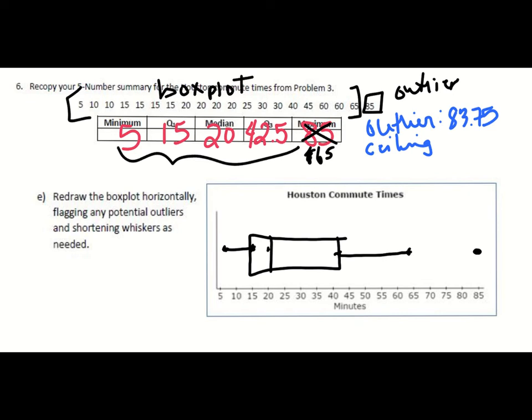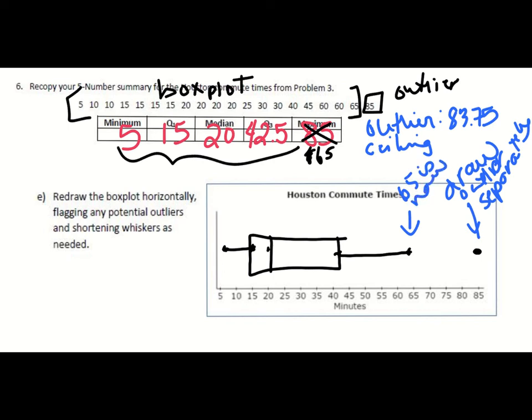So make sure that you draw your outlier separately. And then 65 is your new maximum. So make sure that you separate that.